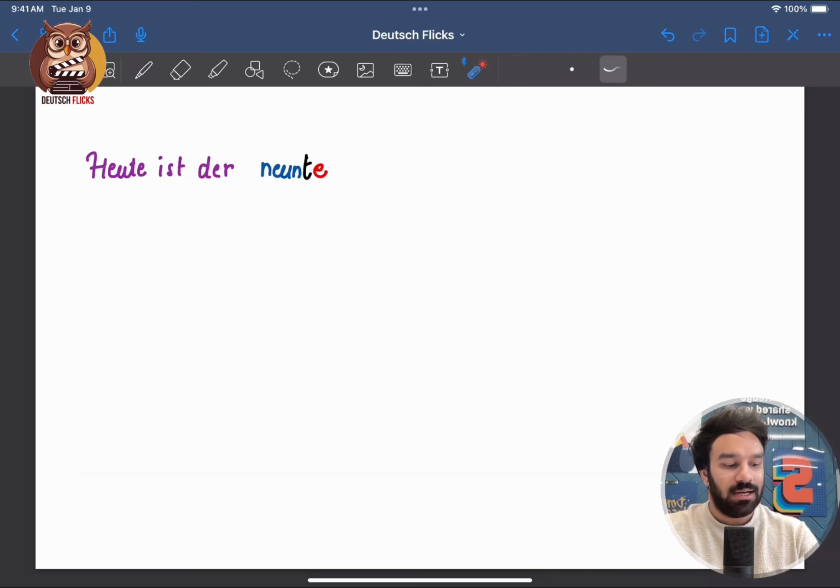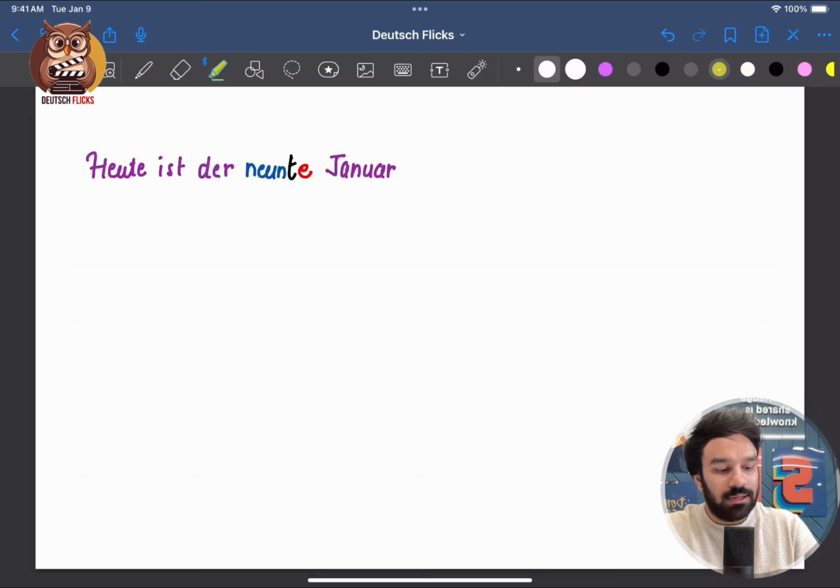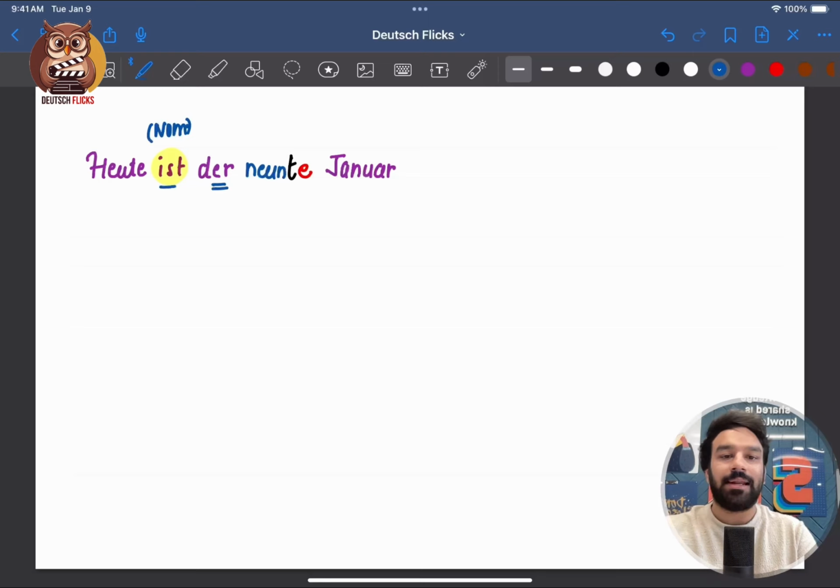Heute ist der 9. and January is called Januar. Now the question is, why have I not chosen en? Reason being, we have the verb sein, and sein is a strictly nominative verb. Also, we have the article der, so it is nominative masculine. How do we know this 9th of January is masculine? Because all the months in German are masculine in nature. So heute ist der 9. Januar.